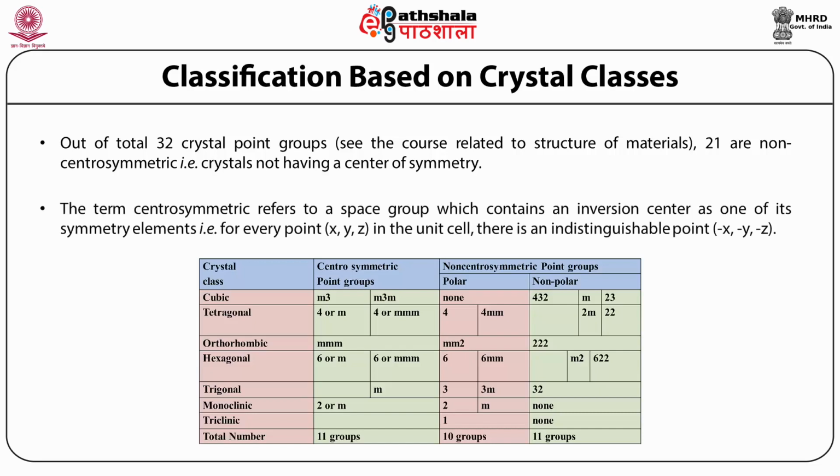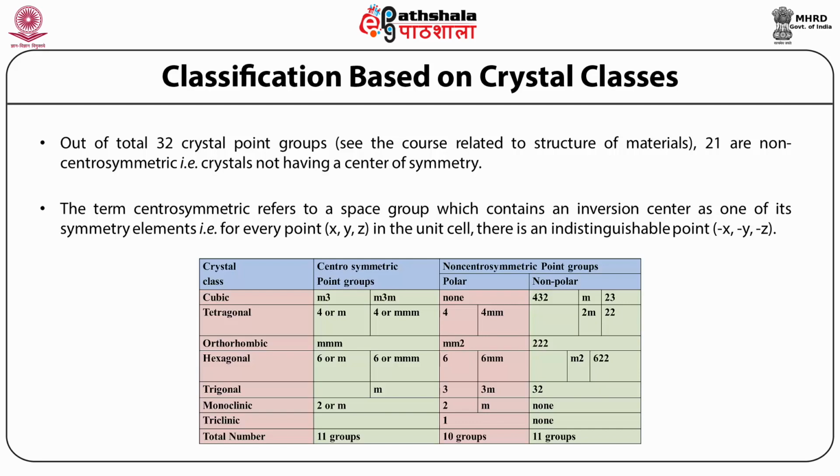The term centrosymmetric refers to a space group which contains an inversion center as one of its symmetry elements, that is, for every point x, y, z in the unit cell, there is an indistinguishable point -x, -y and -z.